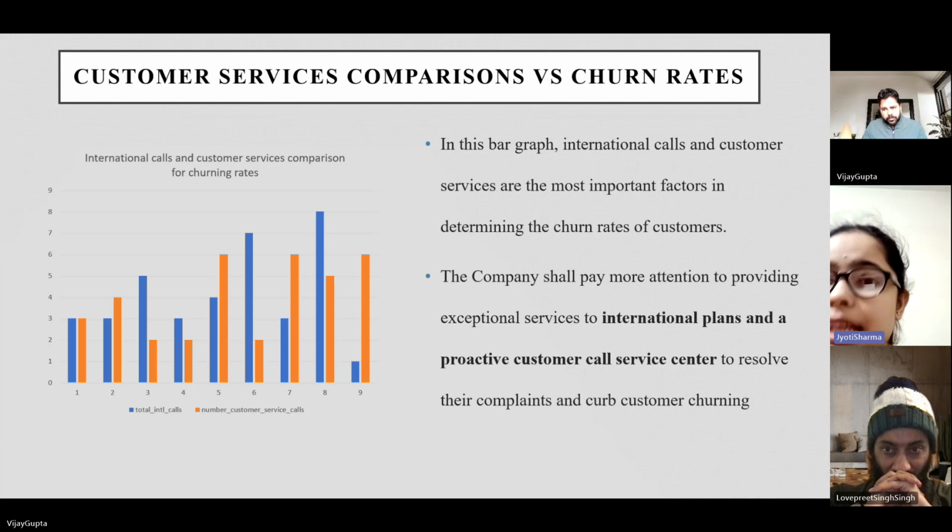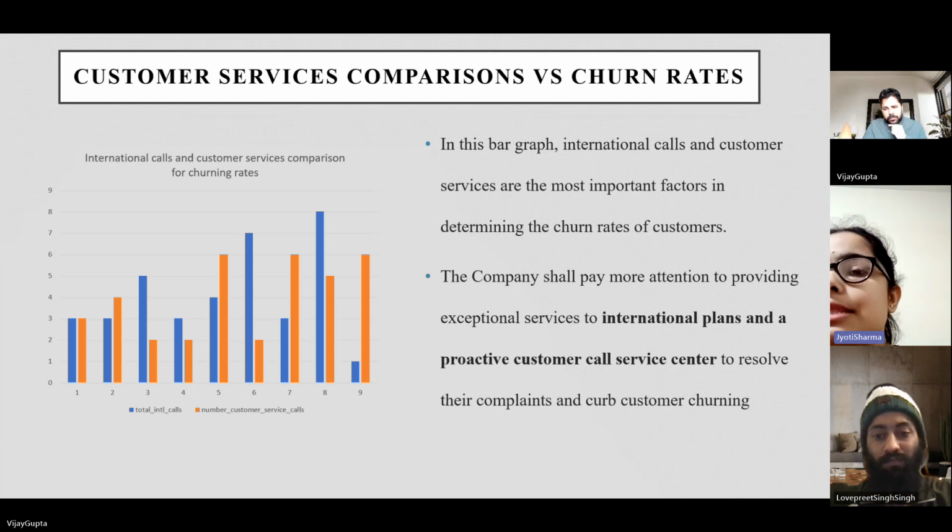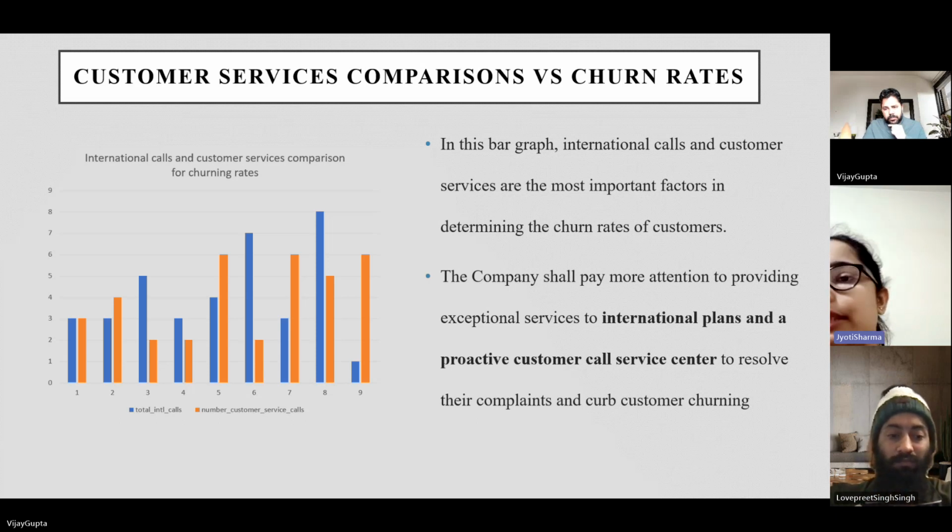Next, the company shall pay more attention to providing exceptional service to international plans and a proactive customer call service center to resolve their complaints, because it will help to curb customer churning if they pay attention to all these problems. Next slide.